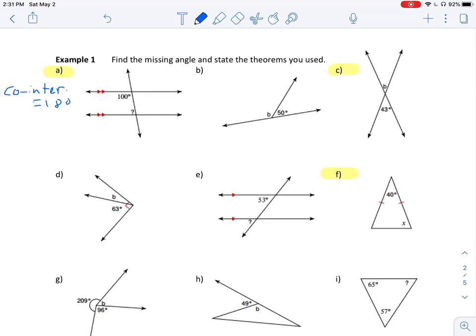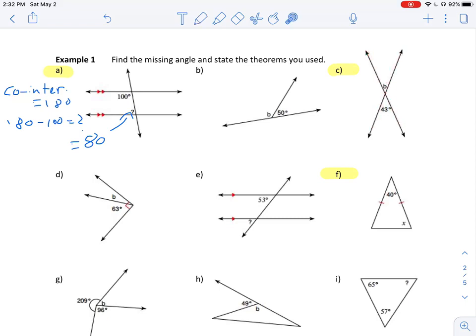So in this case, 180 minus 100 is going to give me my unknown value. In this case, it would be 80. All right, so this unknown value is 80 degrees. And this is simply proving how we go ahead and solve that. You can look at this and be like, okay, I know that 180 minus 100 is 80. You're good to go.